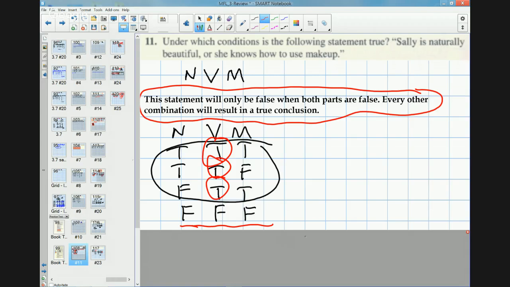Every other combination will result in a true conclusion. What this question was really going after is seeing whether people really know their inclusive or rule.